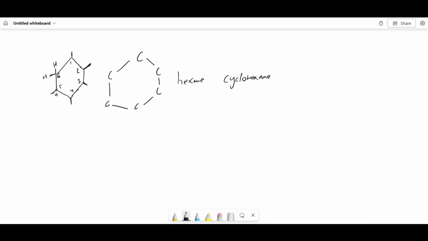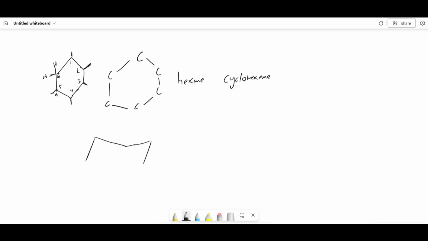Now for your cyclohexane drawn as a chair, drawing it as a line diagram for organic chemistry, you can draw it like this. You have your chair flips.